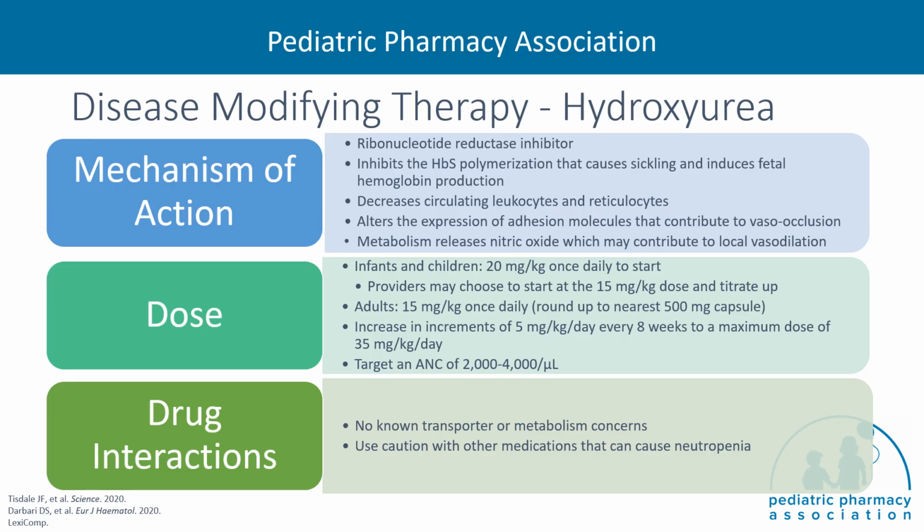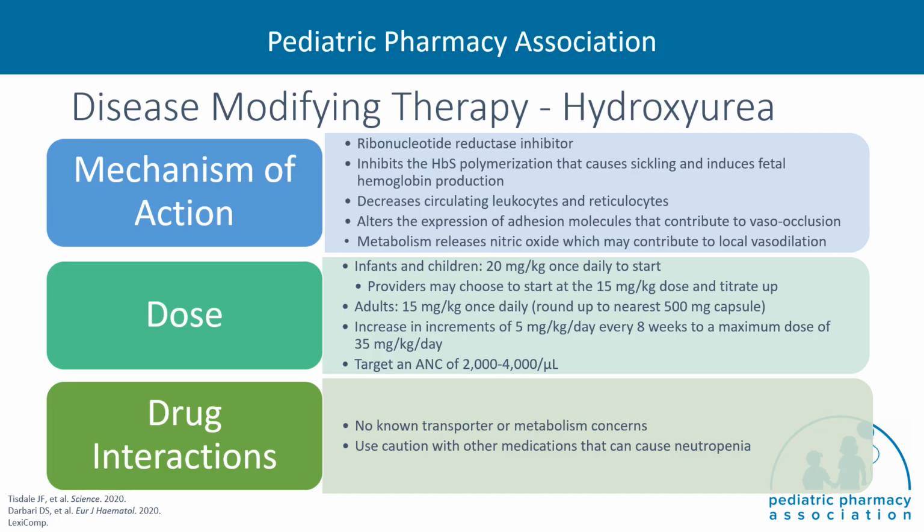Additionally, it'll decrease circulating leukocytes and reticulocytes, and it alters the expression of adhesion molecules that contribute to that vasoocclusion. Metabolism ultimately causes a release of nitric oxide, and that might help with local vasodilation and also help prevent vasoocclusion.